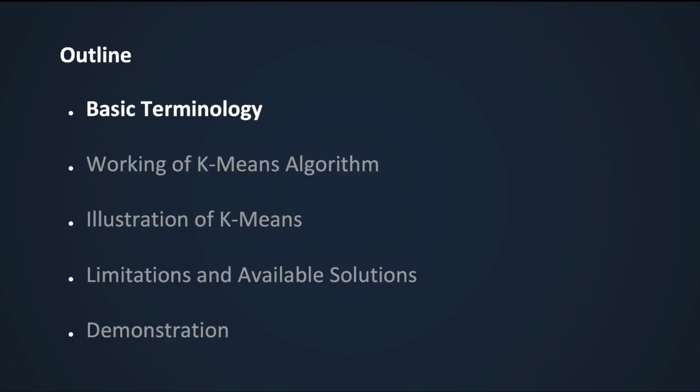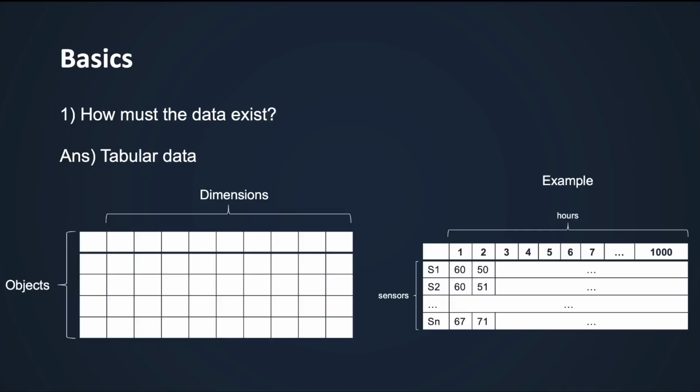Let us learn the basic terminology needed to understand the working of the k-means algorithm. The basic question that comes to mind when using a k-means algorithm is how the data must exist.